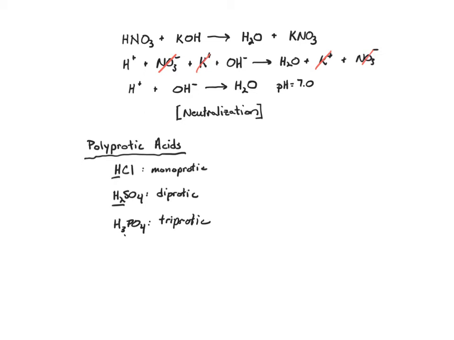And of course, we can have more. We could have 4 or 5 or 6, but usually when we have more than 3, we just start to refer to them as being polyprotic.